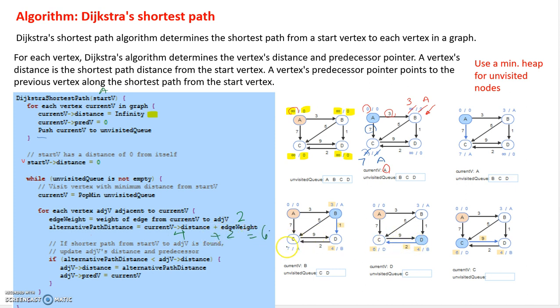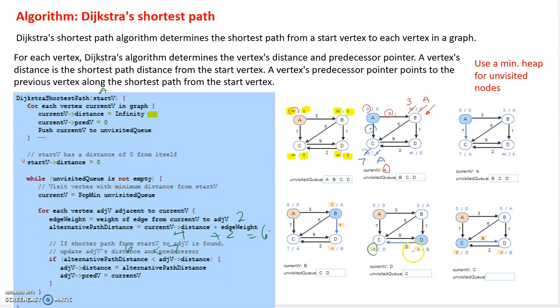Is 6 less than the value of 7 that was the distance of C? Yes, 6 is less than 7, so C's distance is updated to 6. And then the only item left in the queue is C.